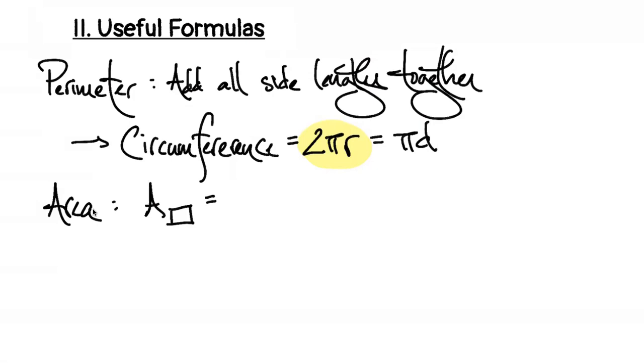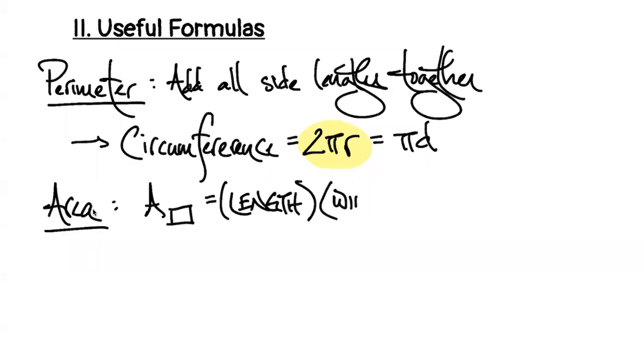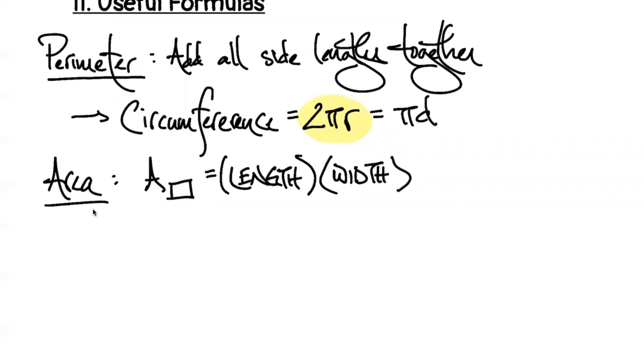All right, 2a plus 2b or 2l plus 2w. Yeah, that would be perimeter, right? We've shifted a little bit. Now we're talking about area. Length times width, yeah. So area of a rectangle, we typically use length times width. Or some people say base times height.